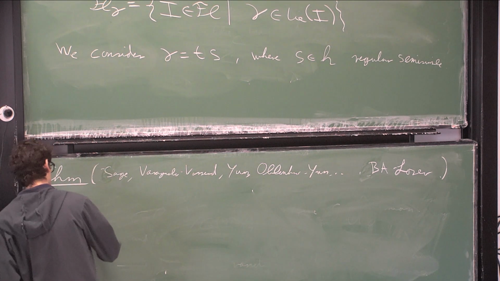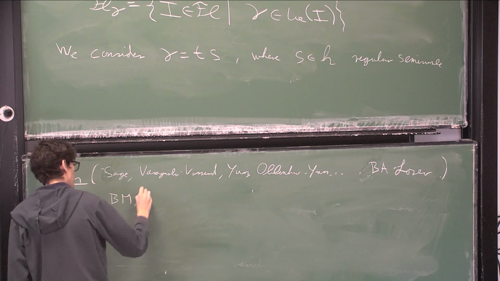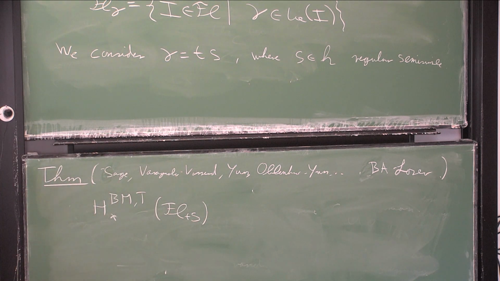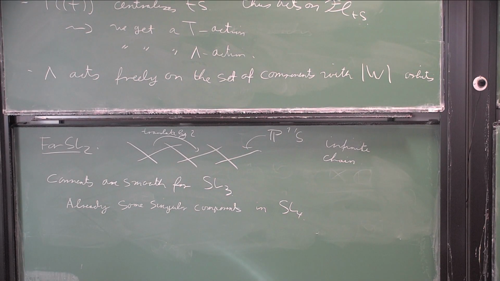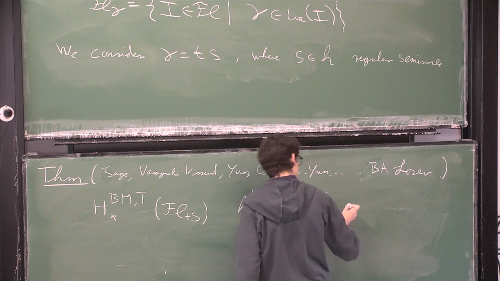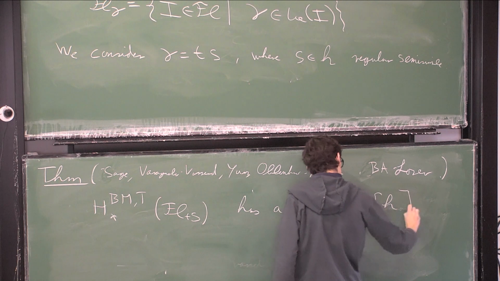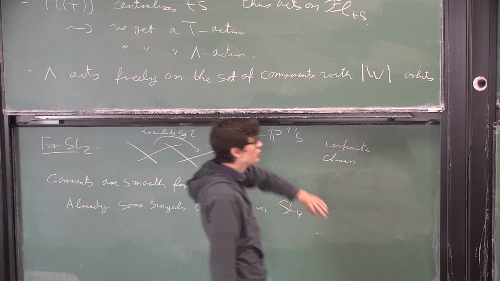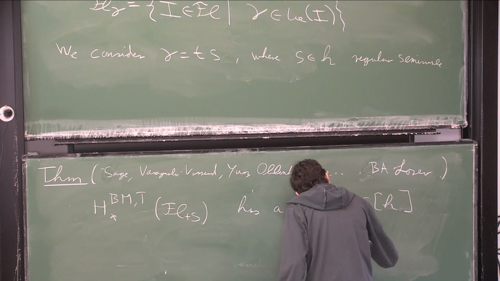which tells us that on the T-equivariant Borel-Moore homology of this FLTS, there's a bimodule action of this W tilde semi-direct product C of h. So this gadget we saw before, which acted on the center, here on the equivariant Borel-Moore homology would have a bimodule structure.